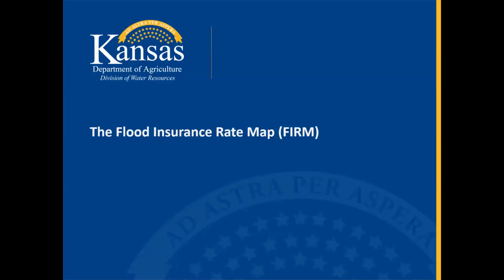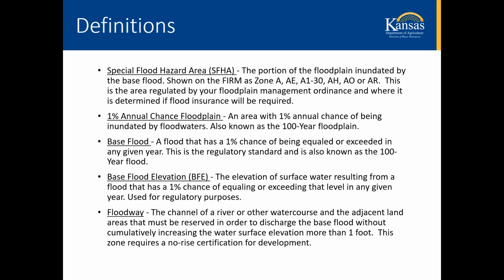So we'll take a closer look at the FIRM and what it entails. So again, SFHA is special flood hazard area. So this is the 100-year floodplain. So it's the portion of the floodplain inundated by that base flood, which is the 1% annual chance flood as the national standard.